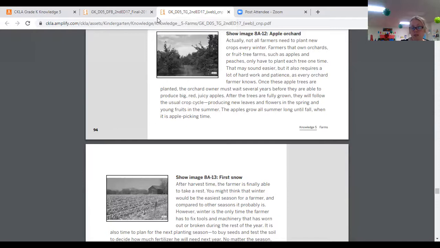Actually, not all farmers need to plant new crops every winter. Farmers that own orchards or fruit tree farms, such as apples and peaches, only have to plant a tree one time. Well, that may sound easier, but it also requires a lot of hard work and patience, as every orchard farmer knows.